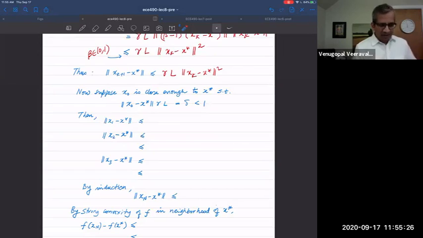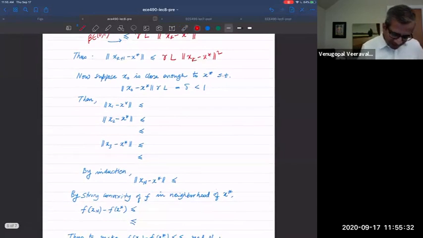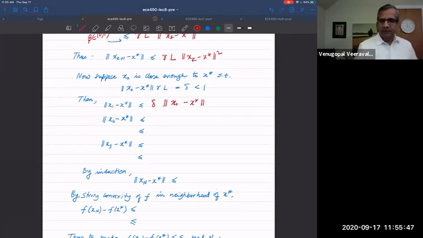If I start close enough to x star so that this condition holds, then at time 1, I have x1 minus x star is less than delta, which is less than 1, times x0 minus x star. Correct? All right, good.